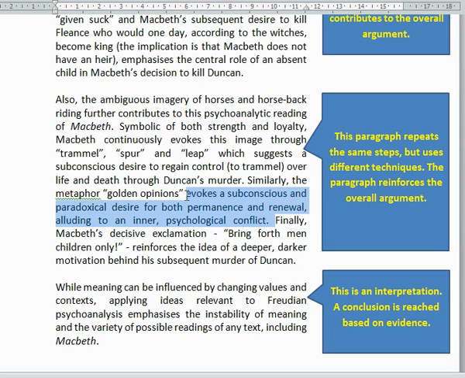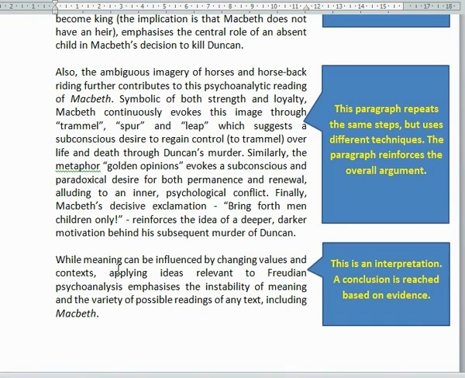Again, there is the explanation, the effect of this metaphor, and the technique is named. "Finally, Macbeth's decisive exclamation, 'Bring forth men, children only,' reinforces the idea of a deeper, darker motivation behind his subsequent murder of Duncan." And this contributes to the effect.